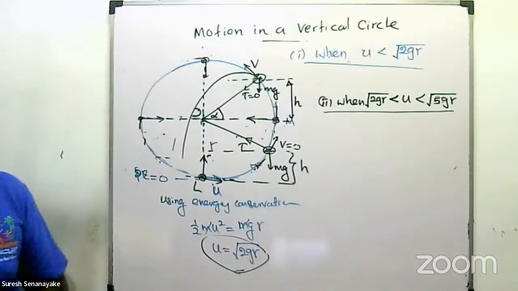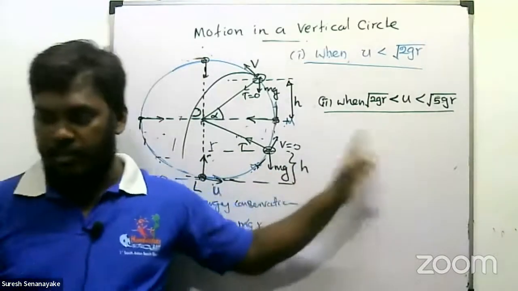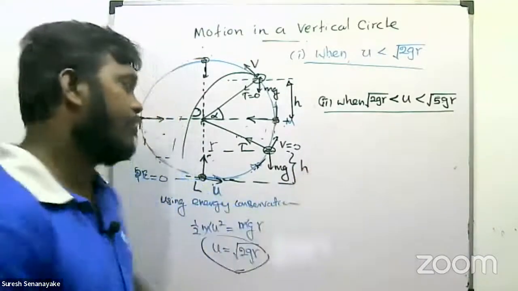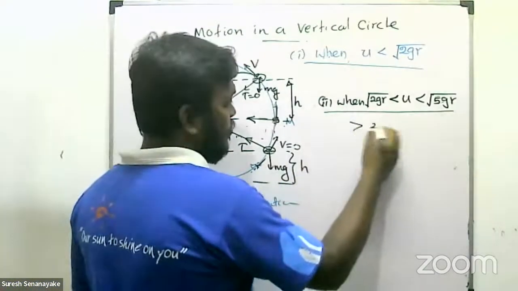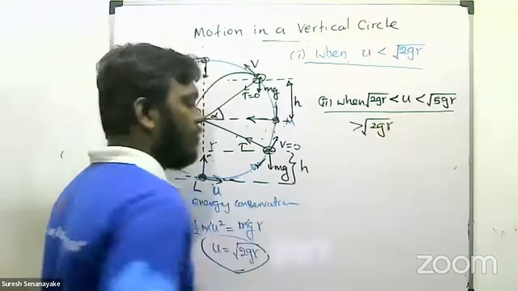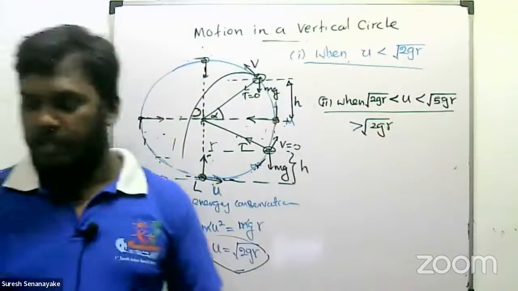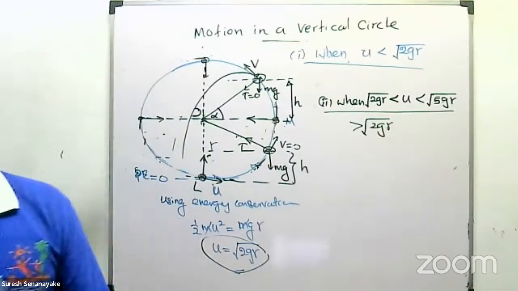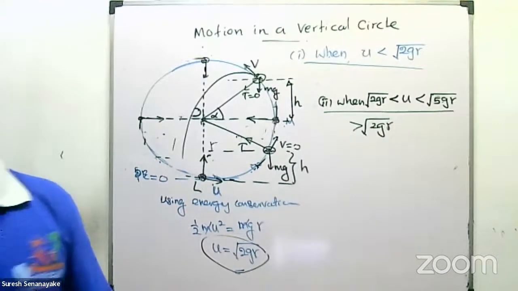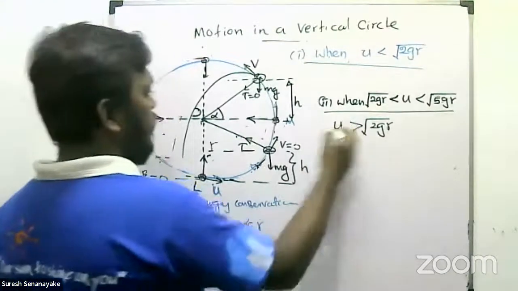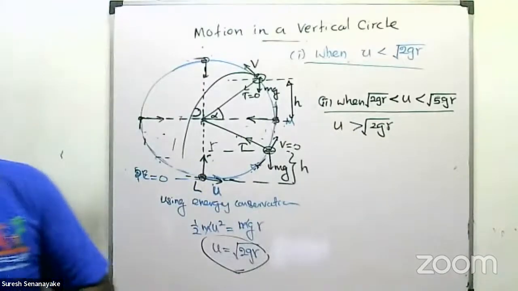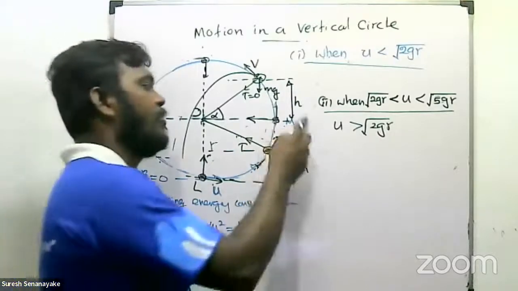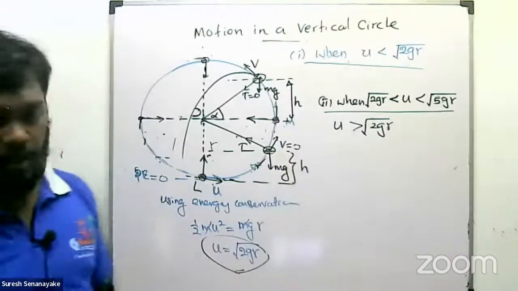Then, as the velocity u is greater than the square root of 2gr, the body will cross the position capital M, that middle position.